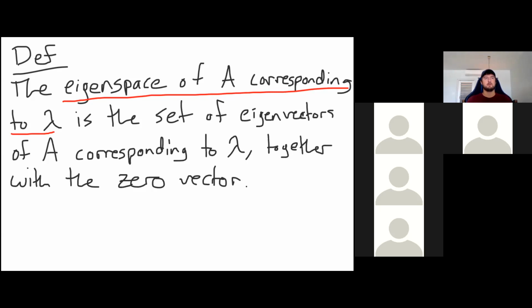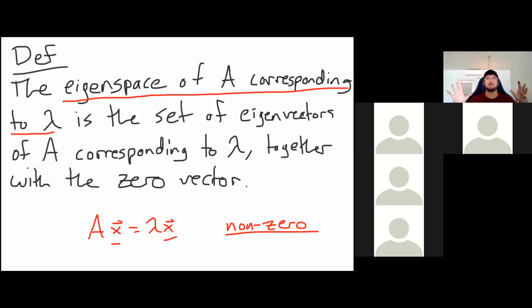Now you might ask why we throw in that zero vector. Well, in that definition, we said eigenvectors come from solving this equation. And in the definition for eigenvectors, we said that they needed to be non-zero. So technically, eigenvectors can't be the zero vector, and the reason we make that definition is because it's not interesting. If I set the vector equal to 0, there's going to be an infinite number of eigenvalues for that eigenvector 0.